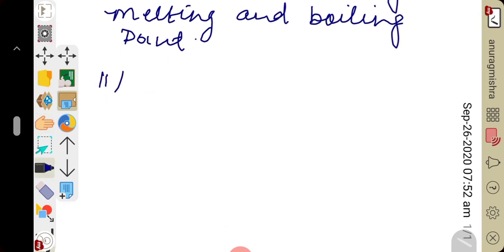Second one, they are good conductors of heat and electricity. Since they are metals, they will be good conductors of heat and electricity.